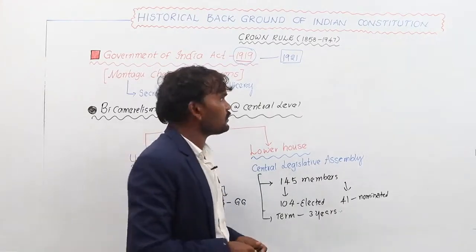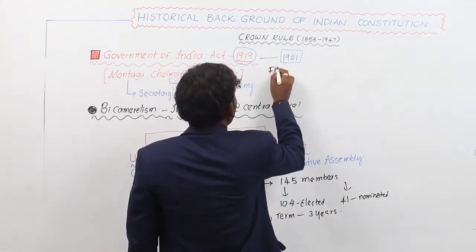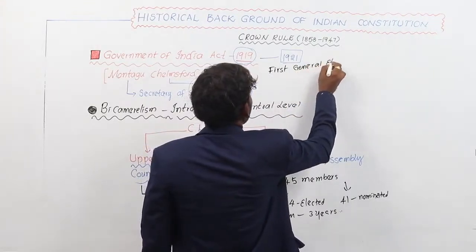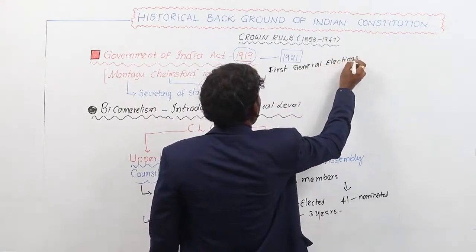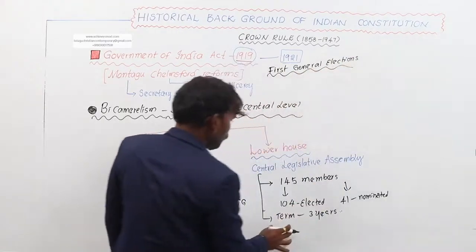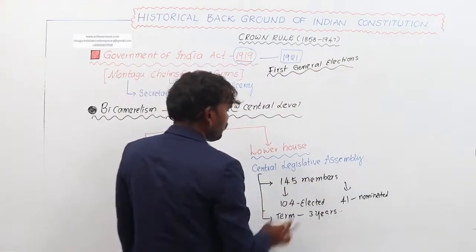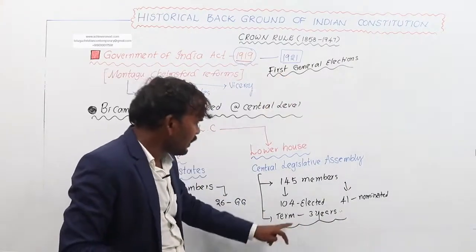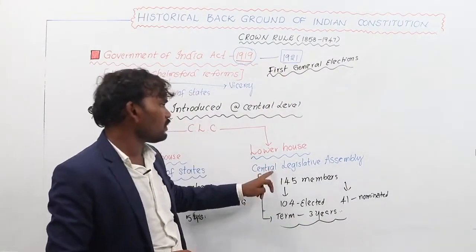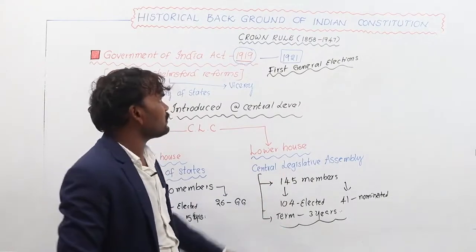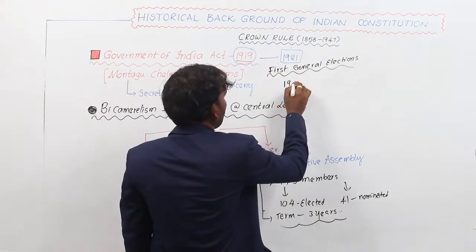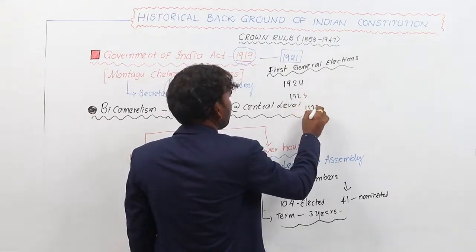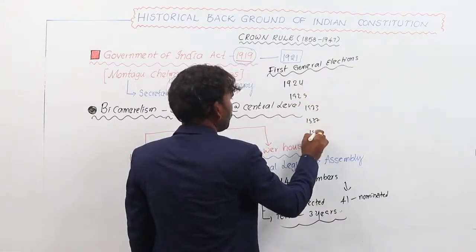The first general elections, important, were held to the lower house, the Central Legislative Assembly, for every 3 years. Next, in 1924, in 1929, in 1933, in 1937, in 1945.